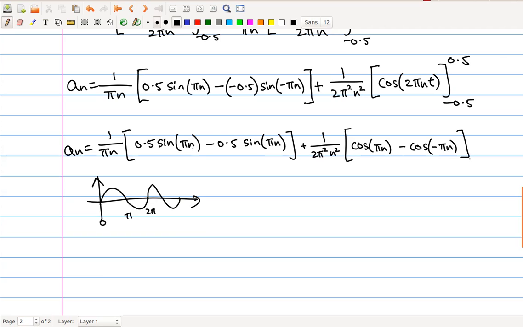For every integer value of pi, remember n is always going to be an integer, for every integer multiple of pi, notice what happens to the sine function. It always lands on 0. So that part's going to go to 0, and so is that part. That's what's happening here, so all of that part we expect to go to 0.